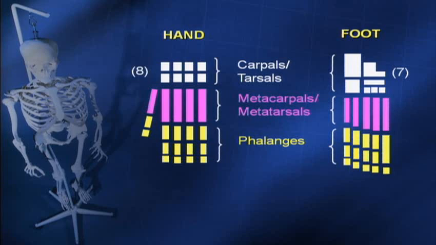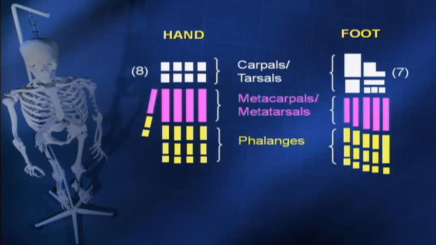Notice there are 8 carpals in the hand, 7 tarsals in the foot for the ankle. Then if I go down to the pink color coded, what's the name? Metacarpals for the hand, and it's metatarsals for the foot. Then when I go to the phalanges, I have phalanges for both fingers and toes. Same name, so similar structure. Notice for each one of the phalanges, we've got 3 bones.